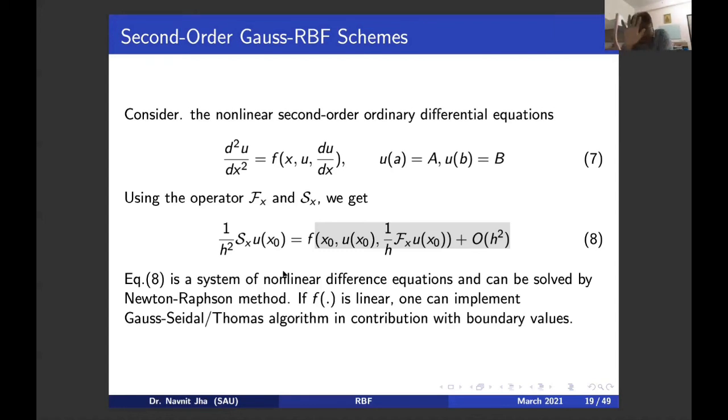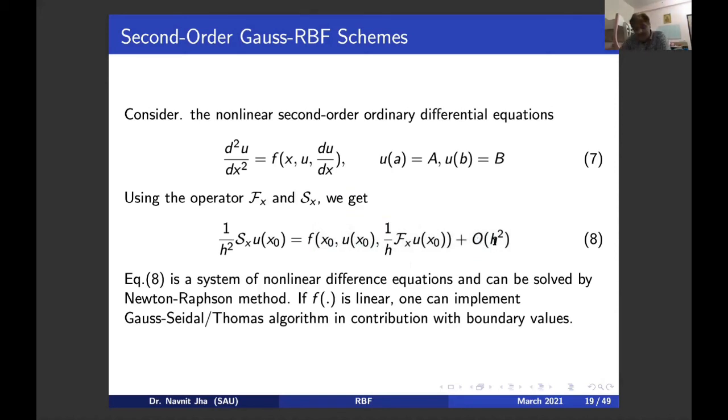So in this way, with these available operators, I can solve the most general form of a nonlinear equation of second order. Now I am going to extend this method to a higher order method. These operators are used to enhance the accuracy. Please note that in this equation I have order h square.